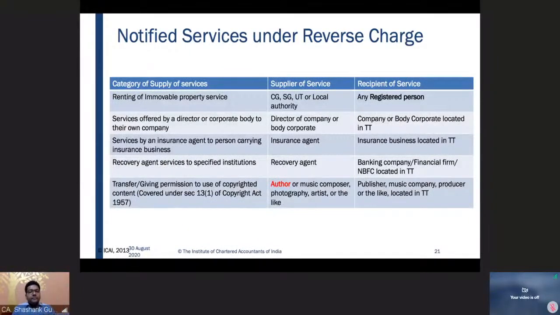Next is transfer or giving permission to use, that is intangible, of copyright content.